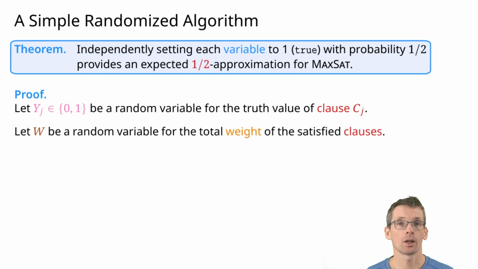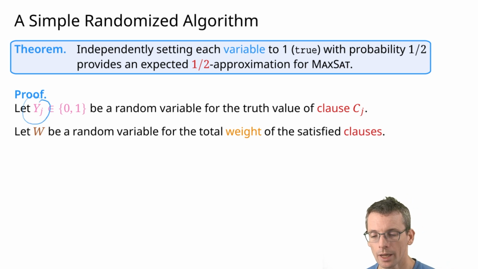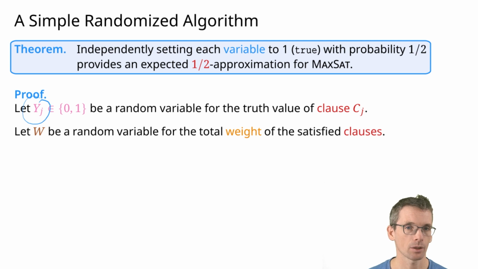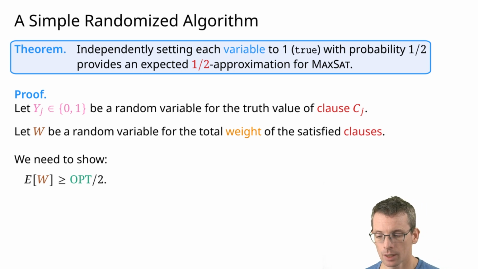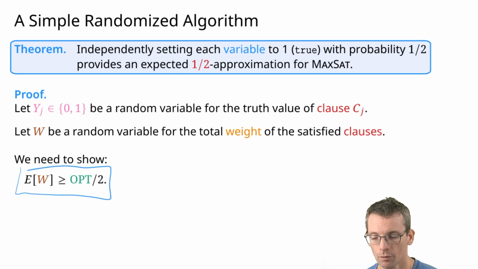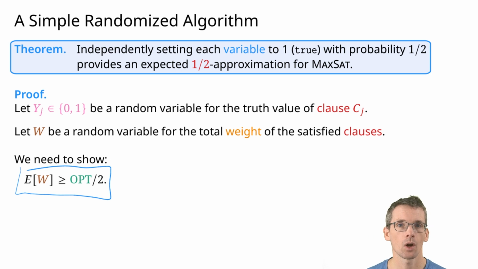And now W is the weight of the satisfied clauses, and I can express W in terms of the yj and the weights of the clauses. So what we need to prove, or what the theorem states, is that the expected value of W is at least OPT/2, because then we have this 1/2 approximation.